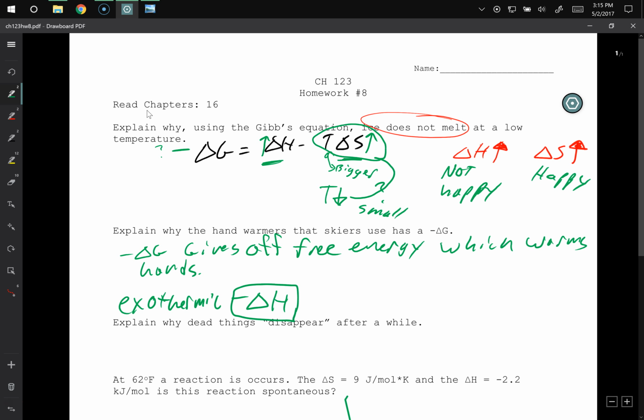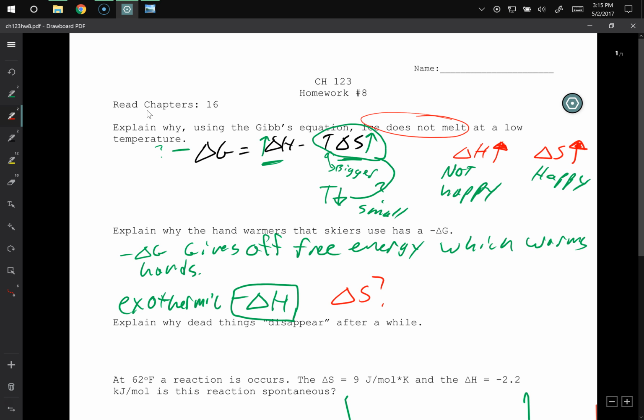So talk to me about the delta S. It's a positive value. So what is inside that hand warmer? Really?